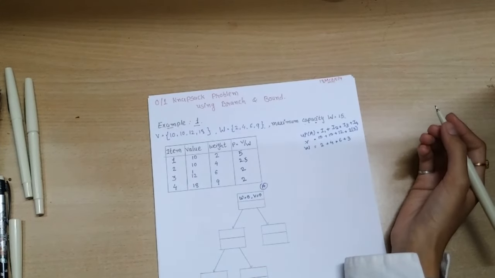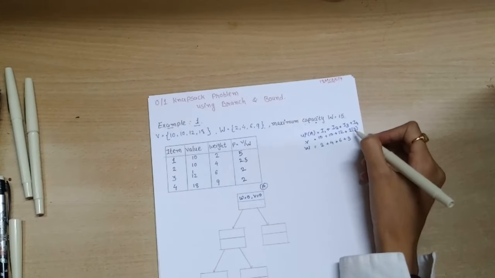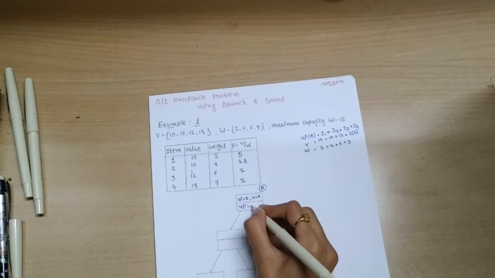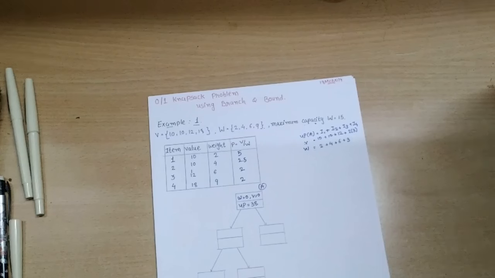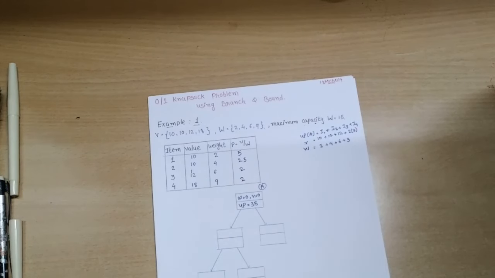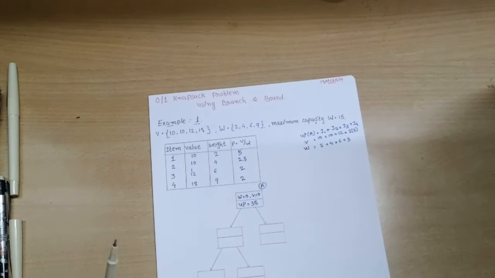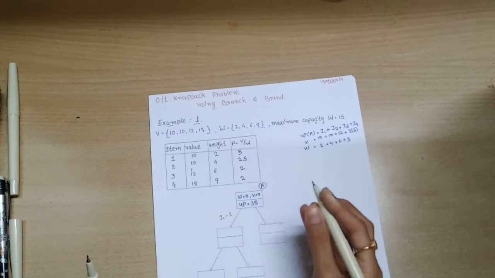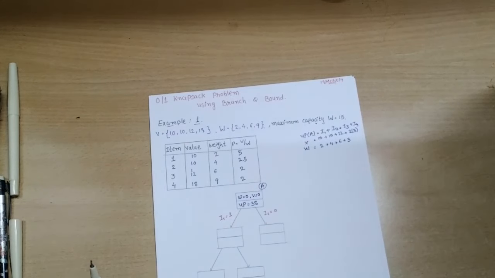So the upper bound will be 10 plus 10 plus 12 plus 6, that is 38. Now we will create two leaf nodes: item 1 is selected and item 1 is not selected.